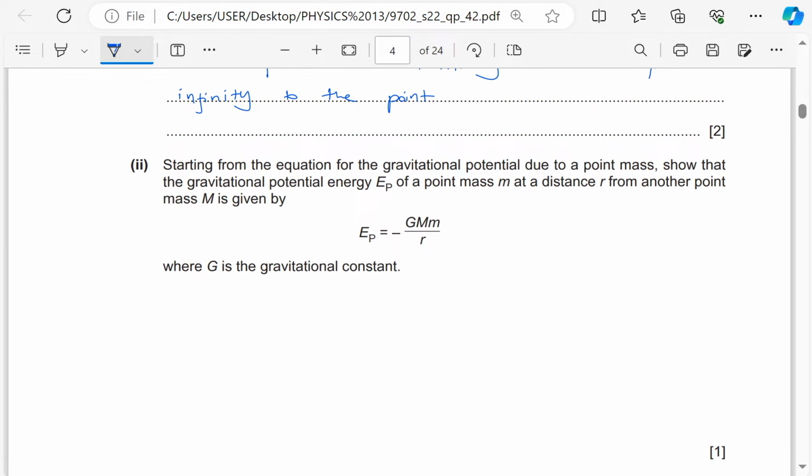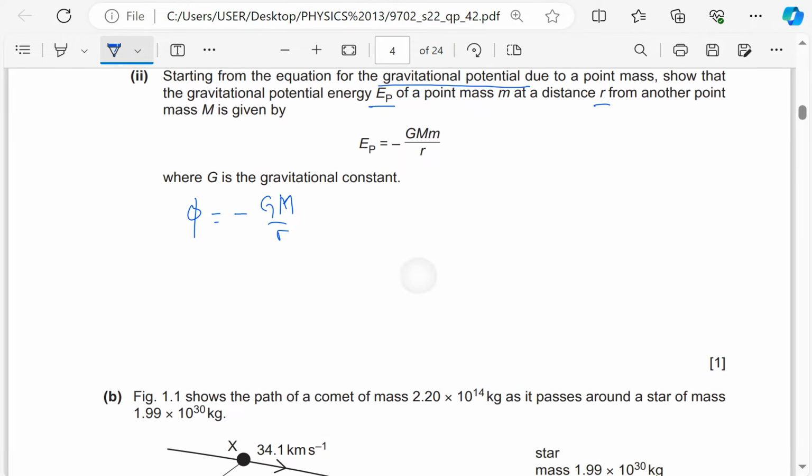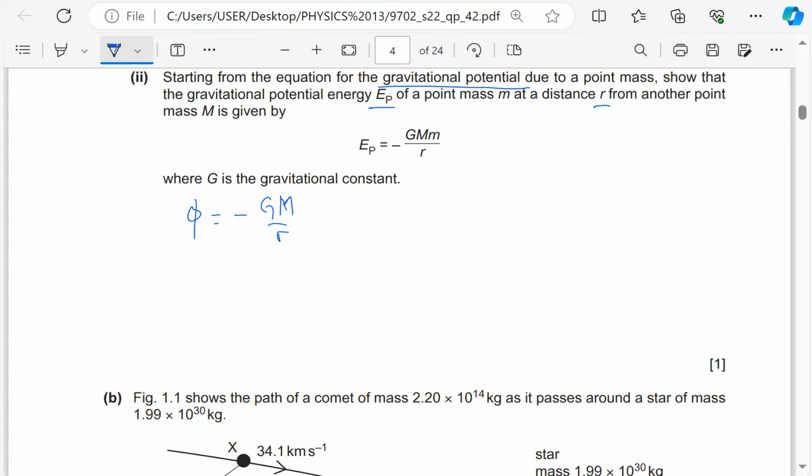Starting from the equation of gravitational potential due to a point mass, of course, gravitational potential phi is equal to negative G capital M over R. Due to a point mass, show that the gravitational potential energy of a point mass m at a distance r from another point mass capital M is given by that expression here.